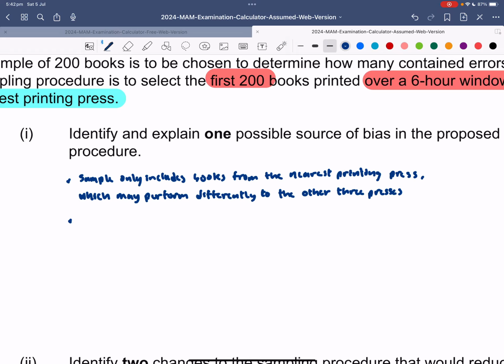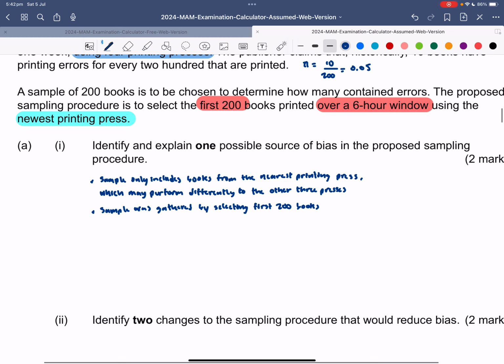The second issue was the sample was gathered over a very narrow period of time, only the first 200 books. So the sample was gathered by selecting the first 200 books in a single narrow time interval.